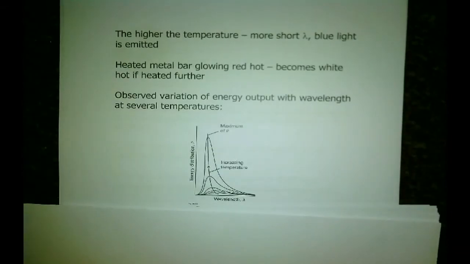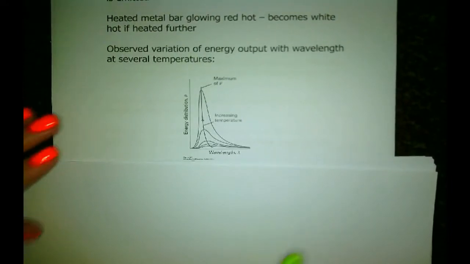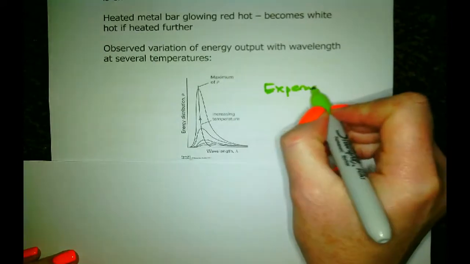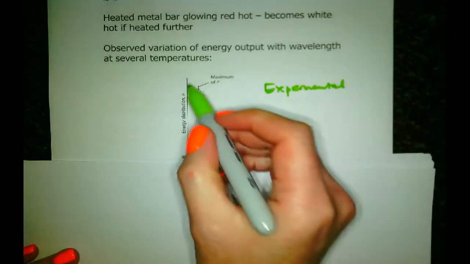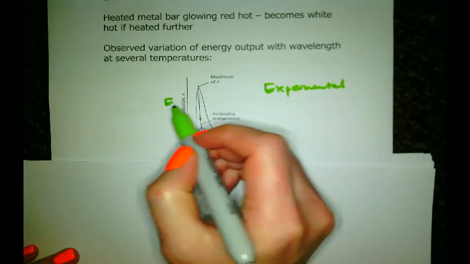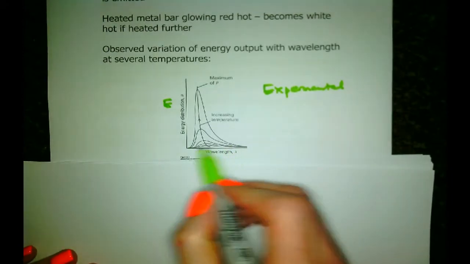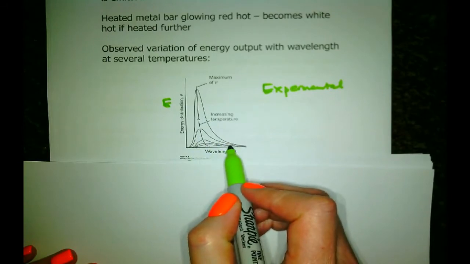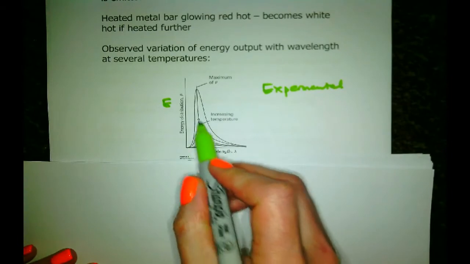So if you plot the emitted wavelengths as a function of energy, this is the experimental graph that you will get. So this is experimental. There we have wavelength, and there we have, just see that as energy intensity. Each of these different lines represents a specific temperature, and the temperature increases in that direction.